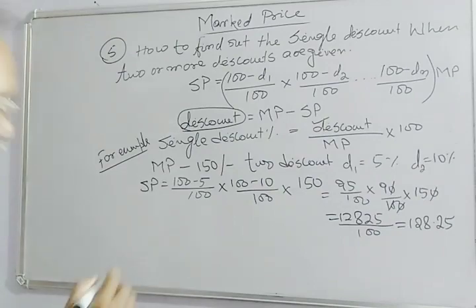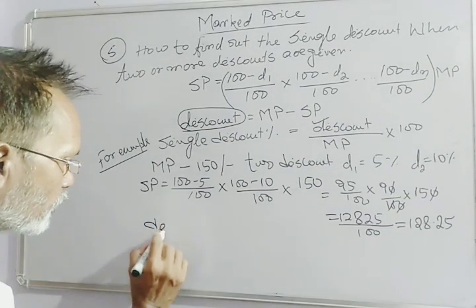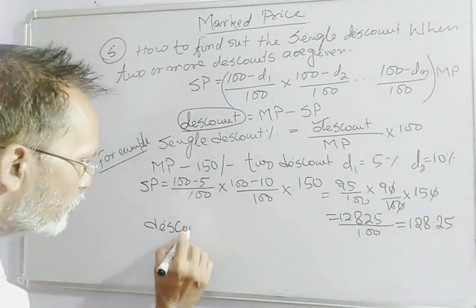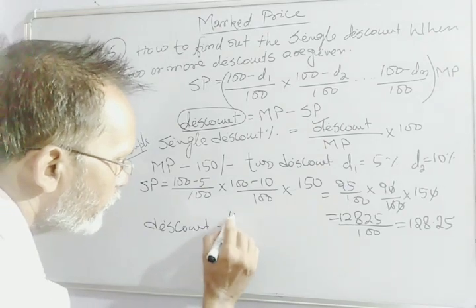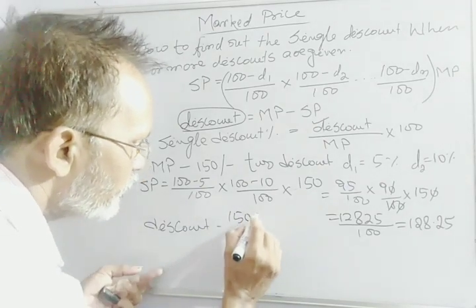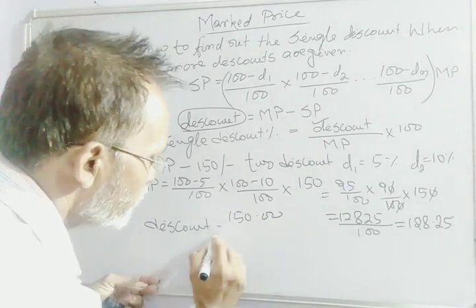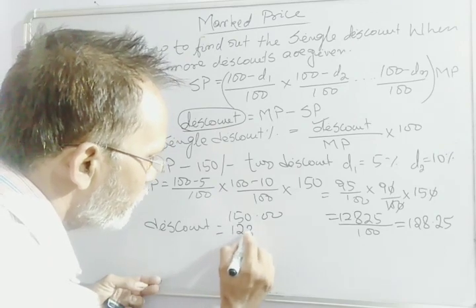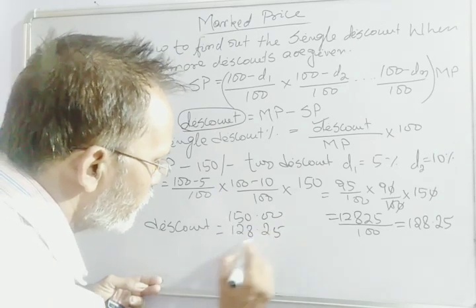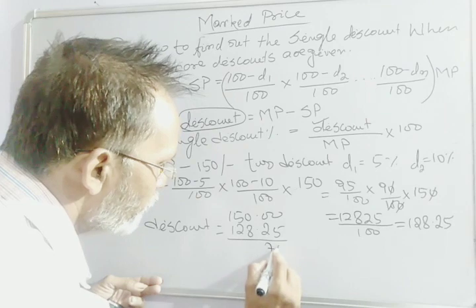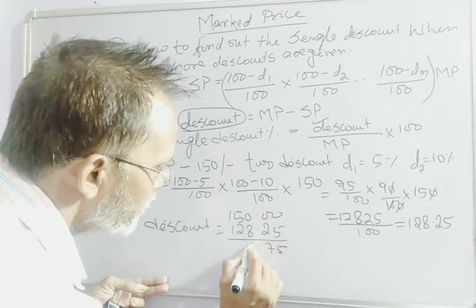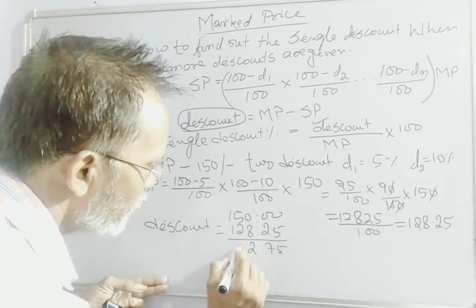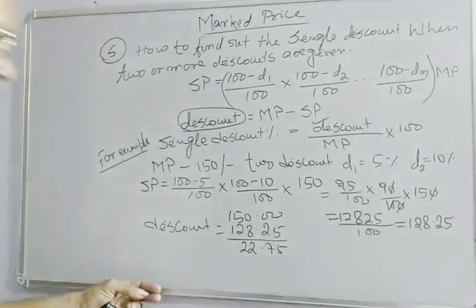Now if I find out the discount, it is equal to 150.00 minus 128.25, that is equal to 21.75. This is the discount.